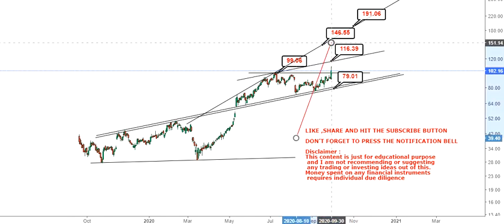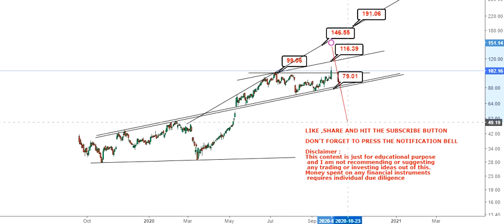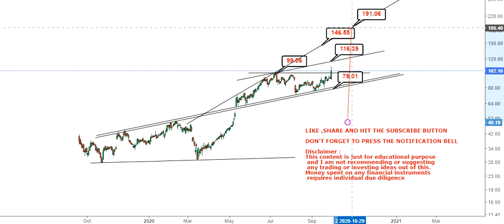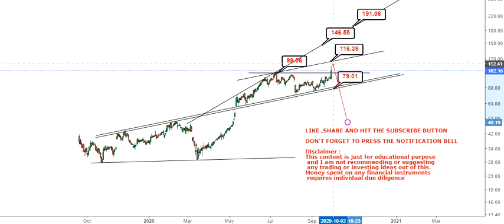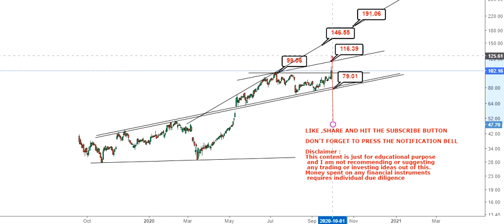So this is what we look at: a target in between $146 and $191, if the stock sustains and makes a breakout above 116 and 117 on the upside and sustains over this level.